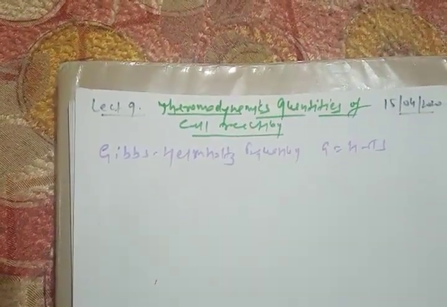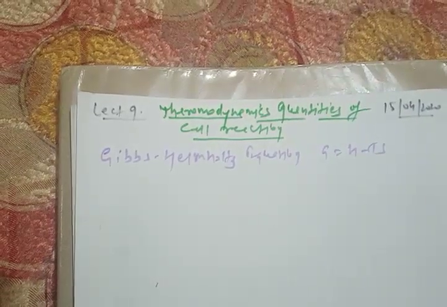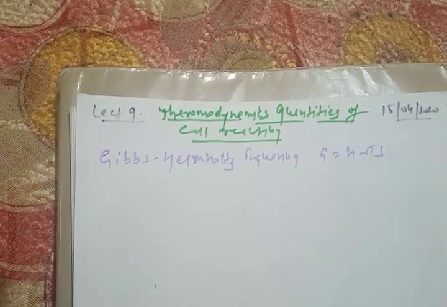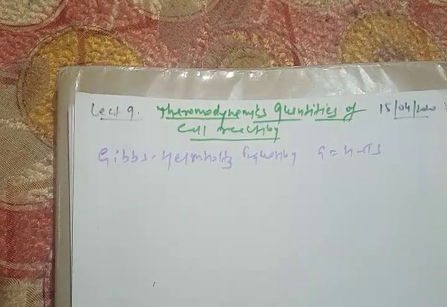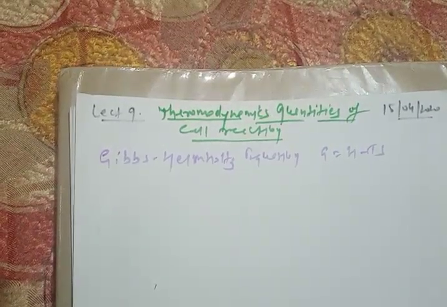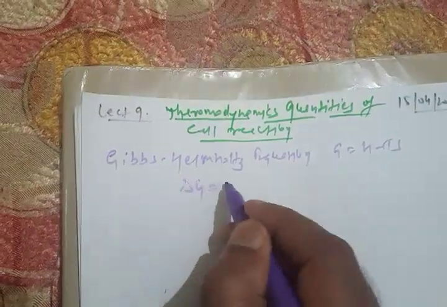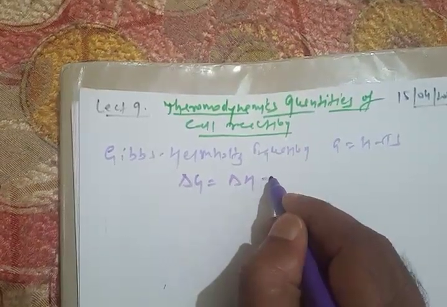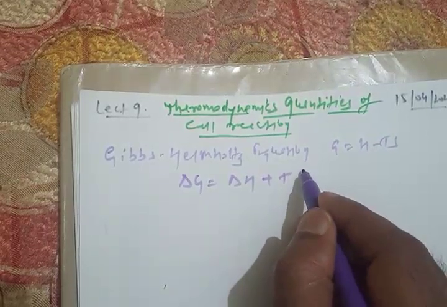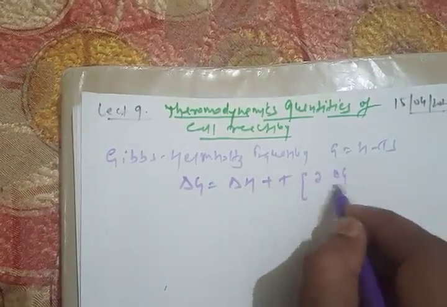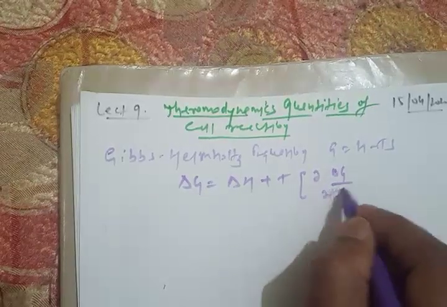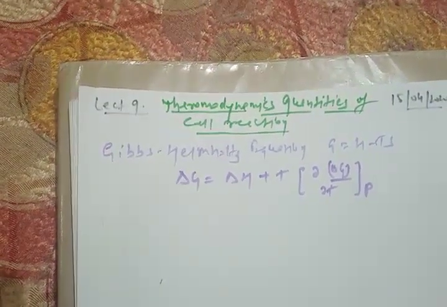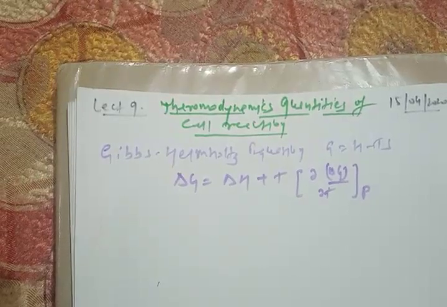Okay, and if you go into detail of this equation, there is another form of this equation which is actually the most common form, and that is del G equals del H plus T del G upon del T at constant pressure.